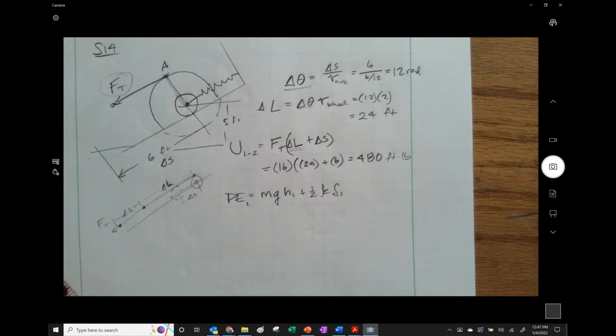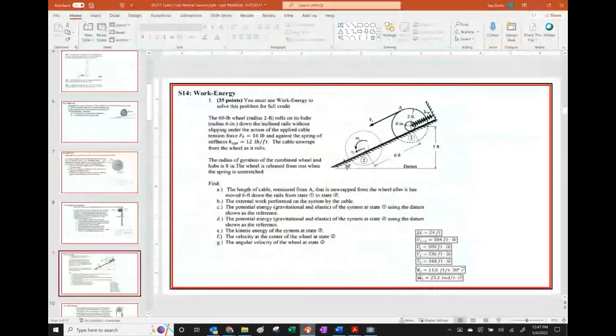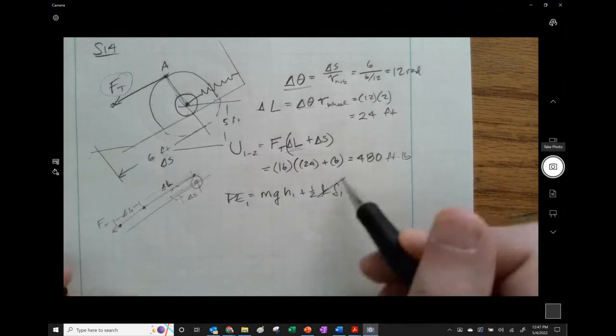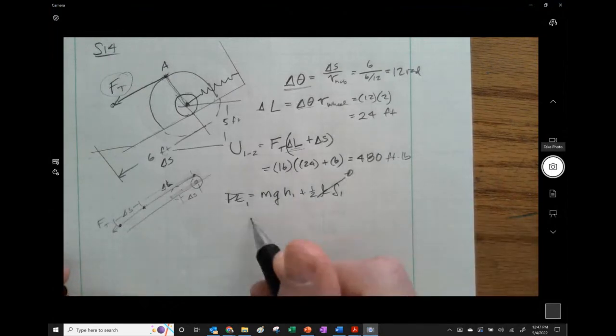Oh yeah, I think the problem says that it's unstretched. This right here says that the spring is unstretched. Okay, so I happened to put that in there as a placeholder, but it was 0.